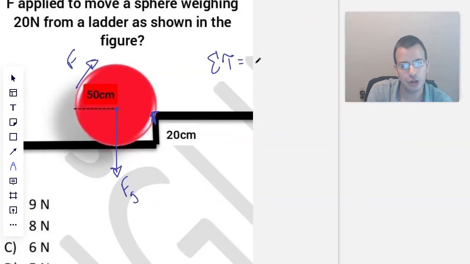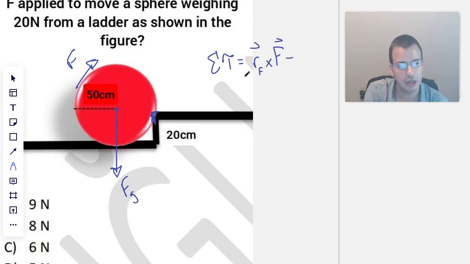And so torque is R cross F, basically the pivot arm, times, so there's going to be R, I'm going to call this just RF, or R of our generic force, cross F, which is our force, and then I'm going to subtract from it R, and I'm going to call this center of mass, because it's the force of gravity we're going to assume is acting on the center of mass, cross, and then we're going to do force of gravity.